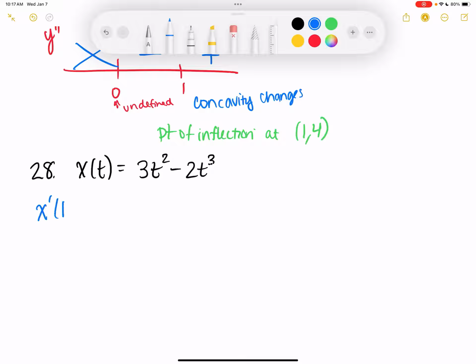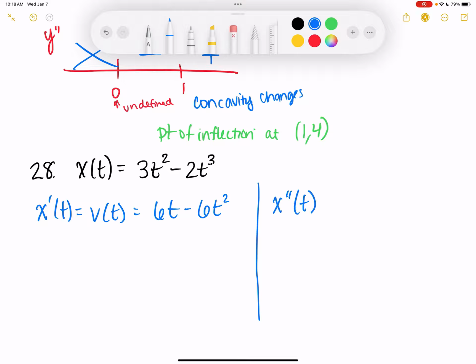So the velocity equation would be 6t minus 6t squared. And then I'm going to eventually need this, so I'm going to do them side by side. When I do the second derivative, because I'm going to end up solving something with that in a little bit with the second or the third part of the question, the second derivative, which gives me acceleration, would be 6 minus 12t.